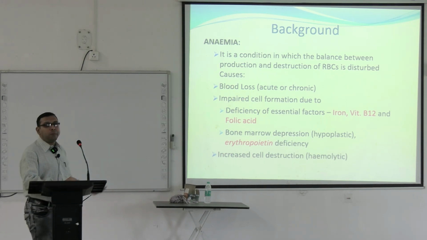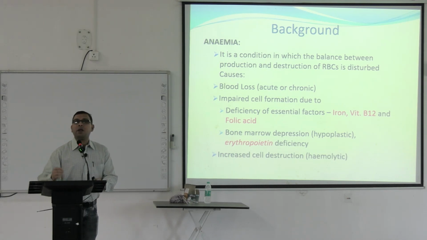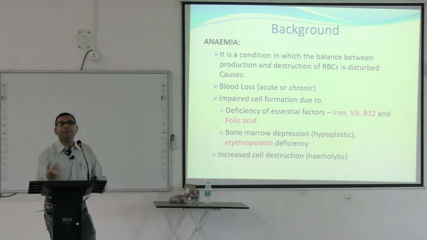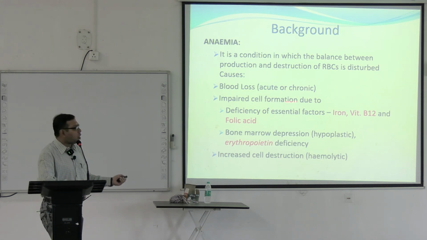That may happen due to blood loss. The blood loss may be acute, for example a road traffic accident, or chronic, for example a bleeding peptic ulcer or bleeding hemorrhoids, piles. That is chronic blood loss. Impaired cell formation due to deficiency of essential factors: if there is deficiency of iron, vitamin B12, or folic acid, that may lead to anemia.